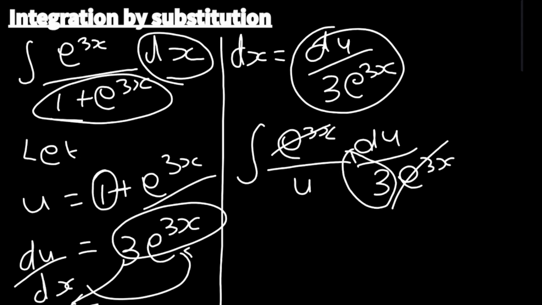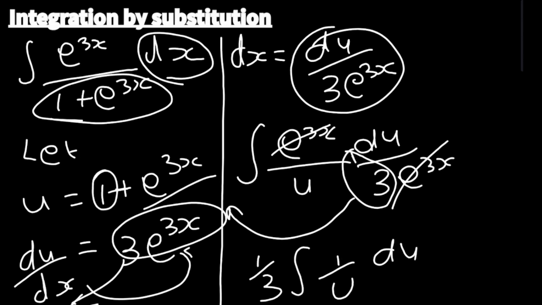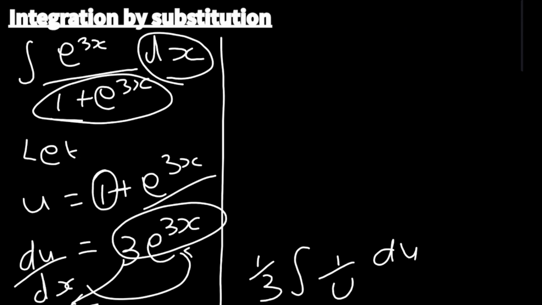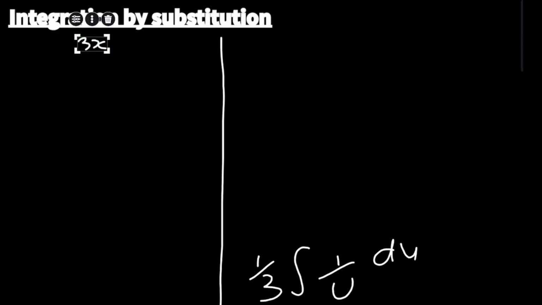Push a third outside the integral, because whenever you have constants inside the integral, you push them outside the sign. So this becomes the integral of 1 over u du. We can erase this one out.